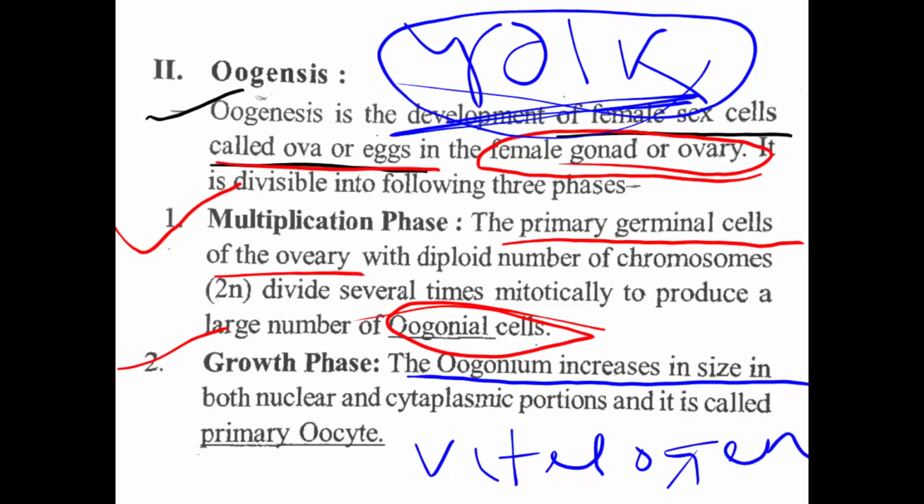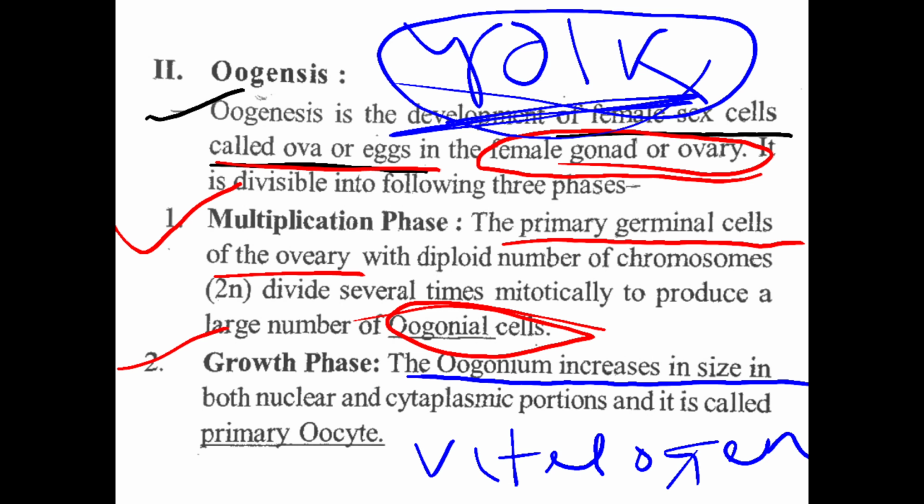Synthesis of giant cells also takes place in this phase, but it is not formed in human beings; it is formed in other mammals.